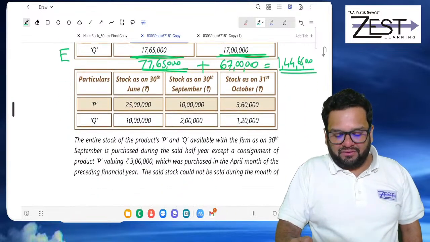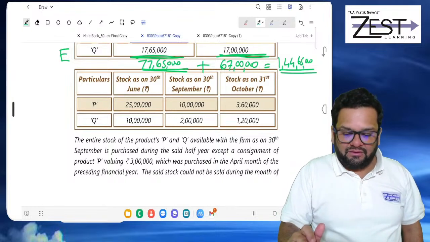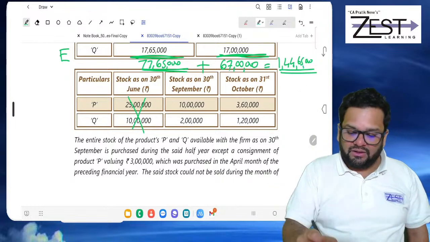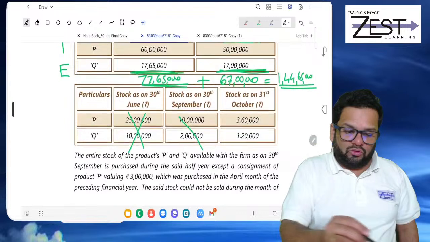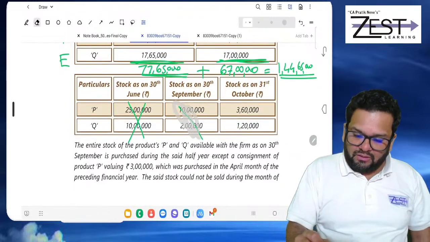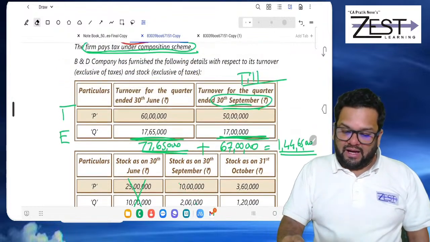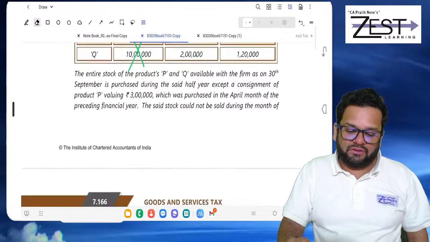Now what has happened? Particulars of stock are given. That's fine. I don't have to do anything with the stock as on 30th June. Forget it. But the 30th June stock is not necessary. I don't know what will happen with respect to these two stocks given.